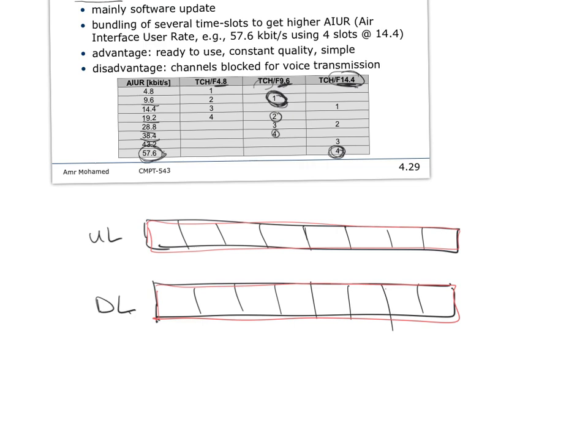But if I restrict it to 4, I can assign these 4 time slots on the uplink and these 4 time slots on the downlink, in which case I can support a half duplex mobile station without any change to the hardware. I don't have to change the hardware in any way.